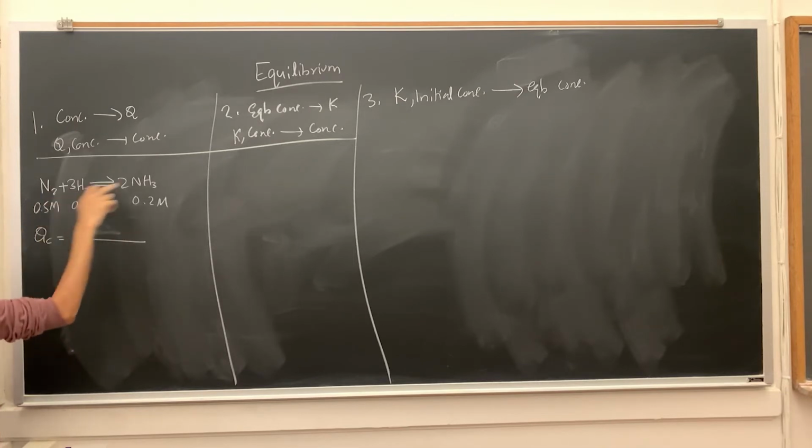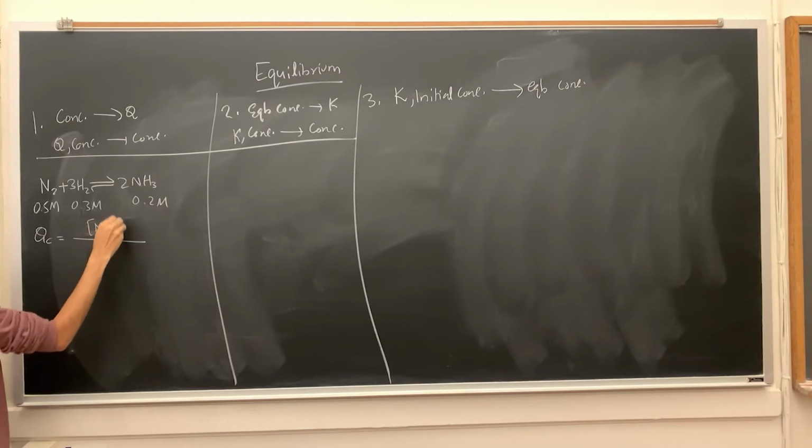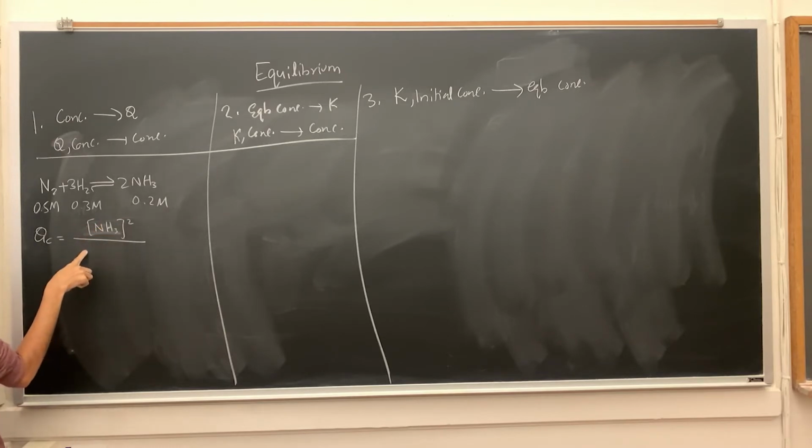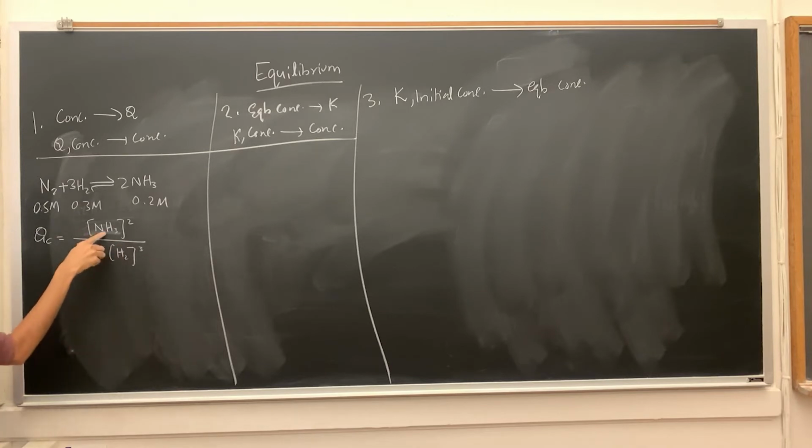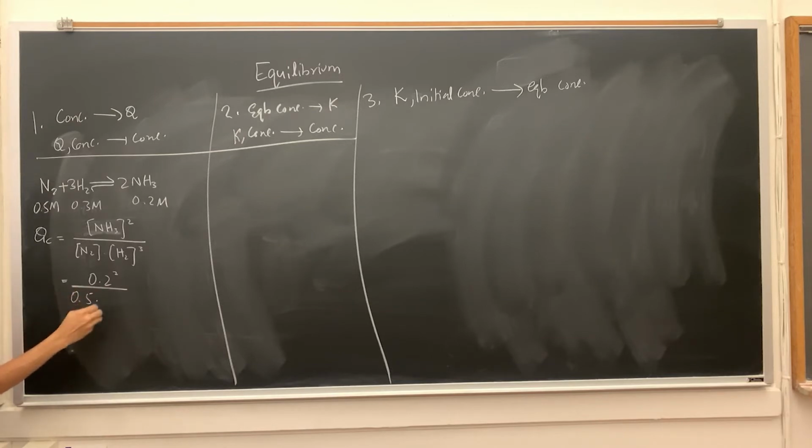Let's write it down in terms of the species first. And what goes on the bottom? And so NH3 is 0.2 squared, N2 is 0.5, and H2 is 0.3 cubed, whatever that comes out to.